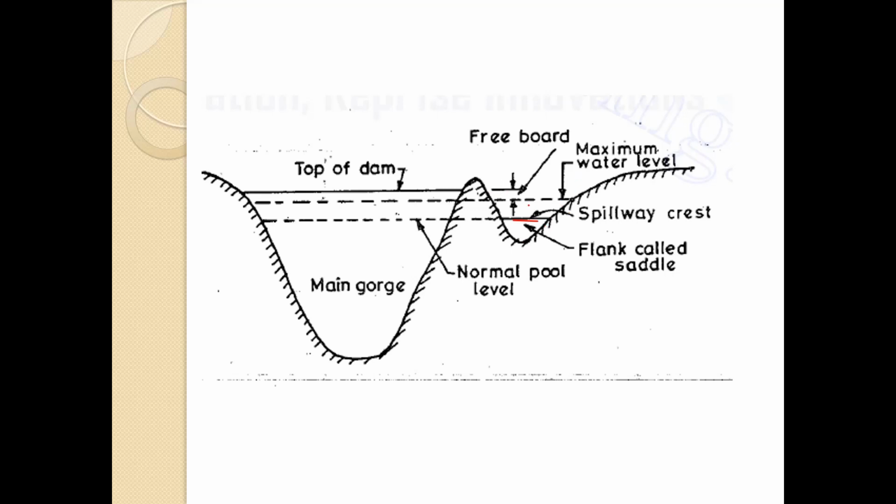So this is the maximum flood level, this is the normal pool level, and this flank is called a saddle. This is the freeboard and this is the top. If the water flows over the top of the dam, that will be the failure of the dam. So this spillway allows us to dispose of that surplus water, so we can keep the dam safe.